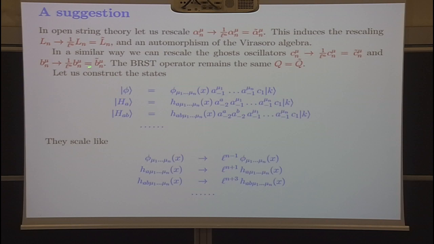The Virasoro algebra remains the same, and in the same way, if you rescale also the ghost, the BRST operator remains the same. So it's interesting to look at the states and see whether we can split them according to this parameter L. We can create a state of this kind, another state of this kind by introducing other generators, and so on and so forth. And they scale differently, of course.